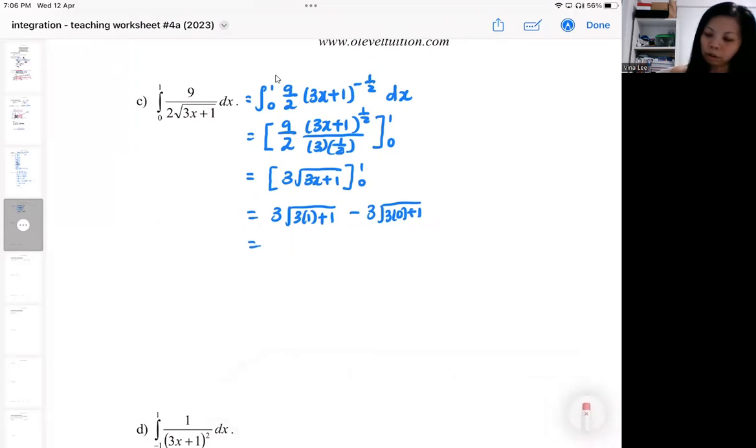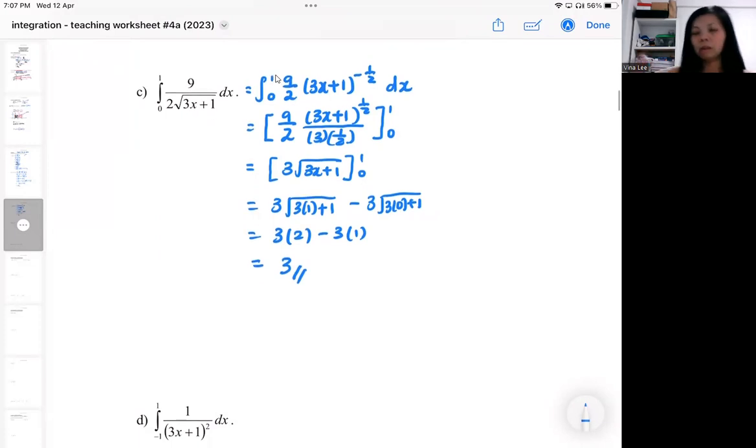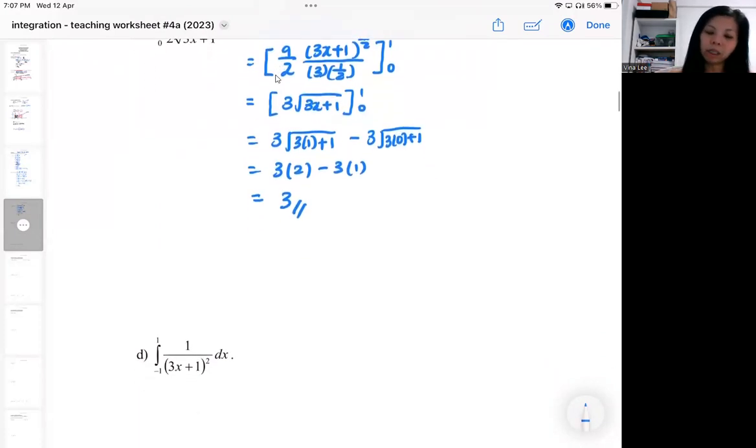Square root 4 will get you a 2. Here, it will get you a 1. So you will get a final value of 3. You can involve any of the formulas that you already learned.